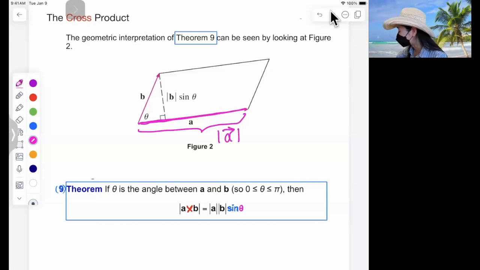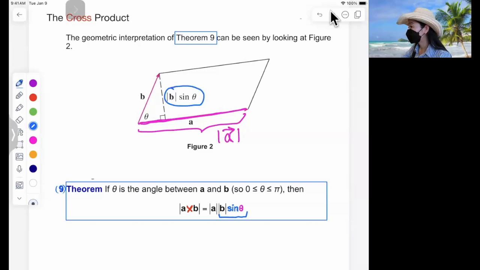It's how long this is. Now magnitude B times sine theta is this part right here. Do you agree? So magnitude B times sine theta gives you the length of this.